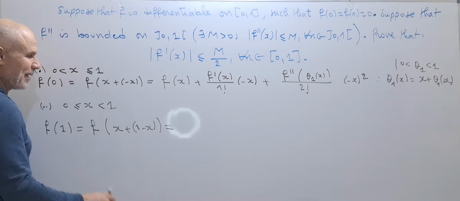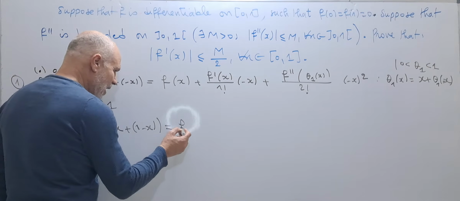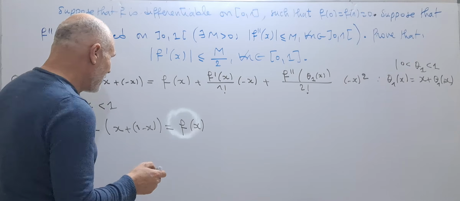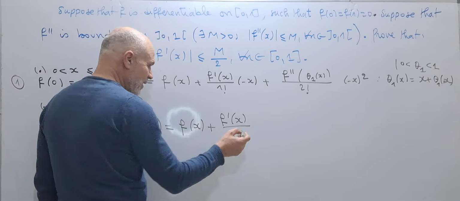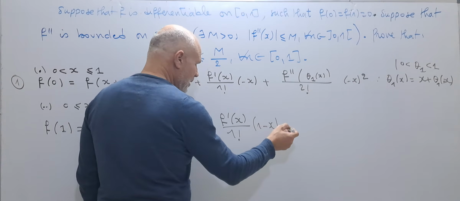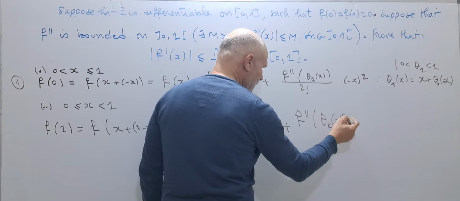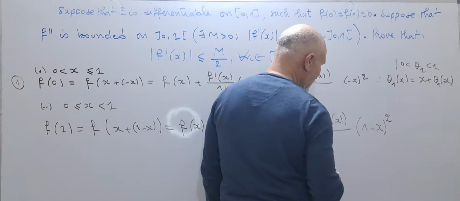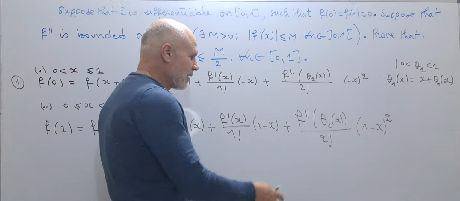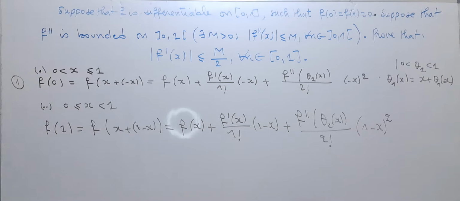So applying Taylor expansion with Lagrange remainder as in the first case, here we will have f of x plus f prime of x over 1 factorial times 1 minus x, plus f twice prime of theta 2 of x over 2 factorial times 1 minus x square, where theta 2 is a constant between the two endpoints. This is the second formula.